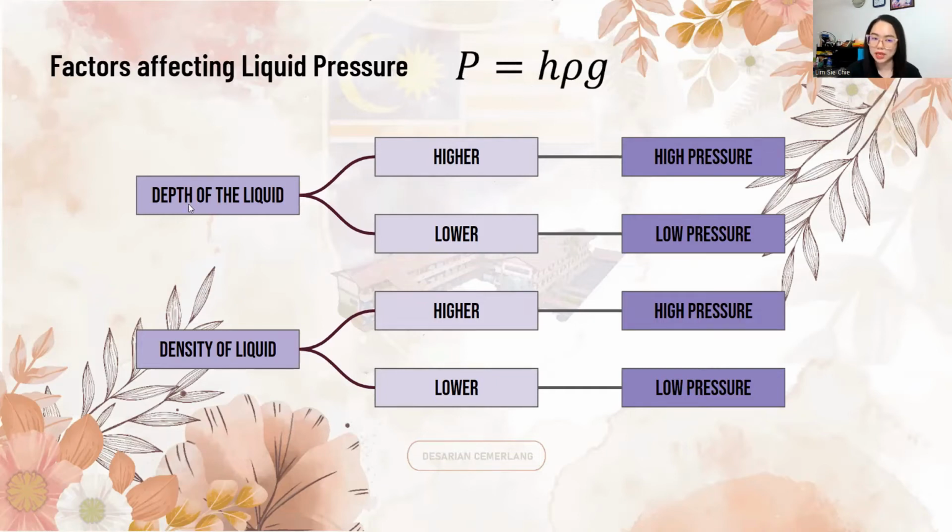What is H? H is the depth of the liquid. When your H is high, you will have a higher pressure. When your H is low, you have a lower pressure. About density, it's the same. If I have something with a higher density, then I have a higher pressure. If it has a low density, then I have a lower pressure.